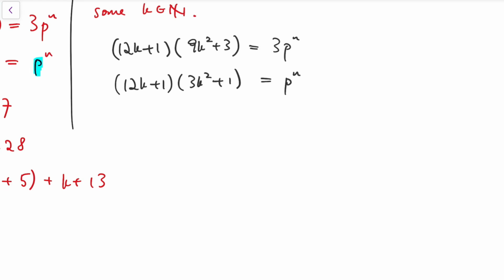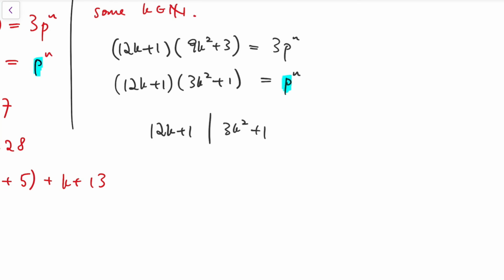Now for this case, we can't quickly decide which is the larger part of the product, but still each part of the product on the left is greater than 1. So that means they should also be a perfect power of the same prime.